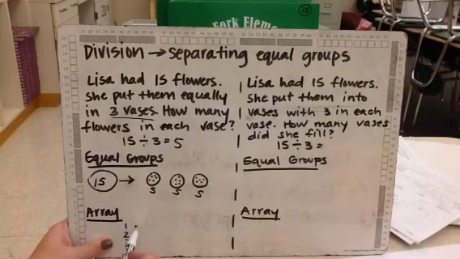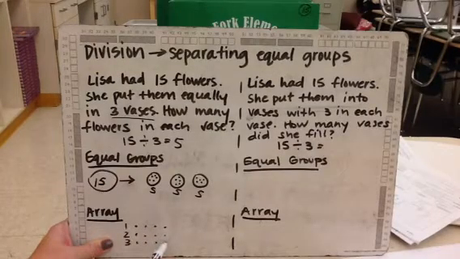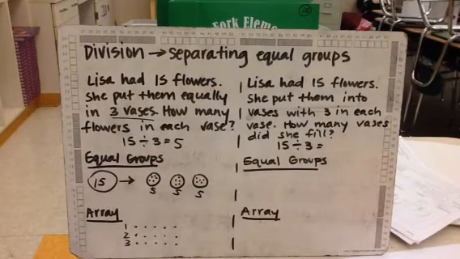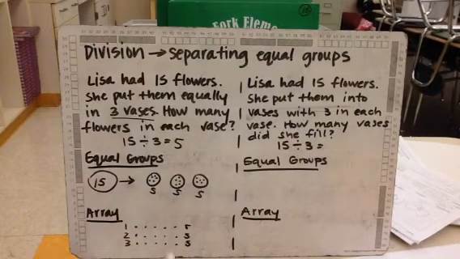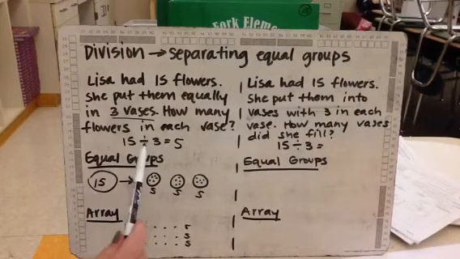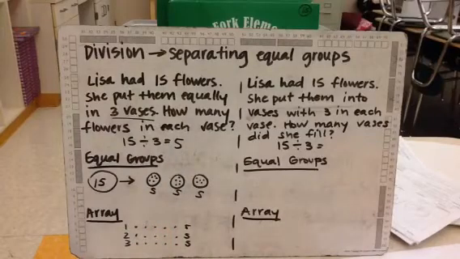So here's 1 flower, 2, 3, 4, 5, 6, 7, 8, 9, 10, 11, 12, 13, 14, 15. Checking again, I have 5 in vase 1, 5 in vase 2, and 5 in vase 3. So I know that I've been successful because I have 3 equal groups. 15 flowers divided into 3 groups of 5.